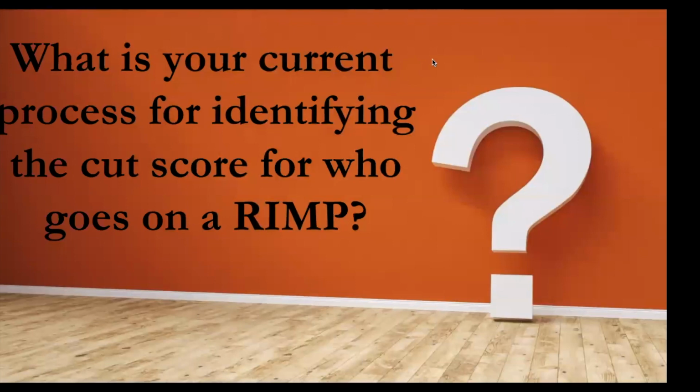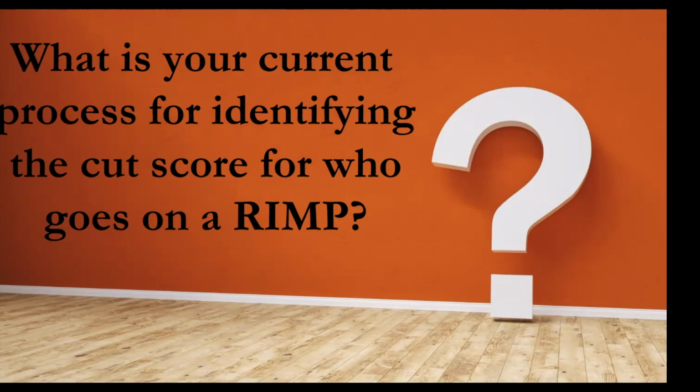So I want you guys to go ahead and put in the chat, what is your current process for identifying the cut scores for who goes on a RIMP? So you've got your diagnostic that your district has chosen, and what is your current process? How do you decide what that cut score is for who goes on a RIMP? Just type it in the chat.